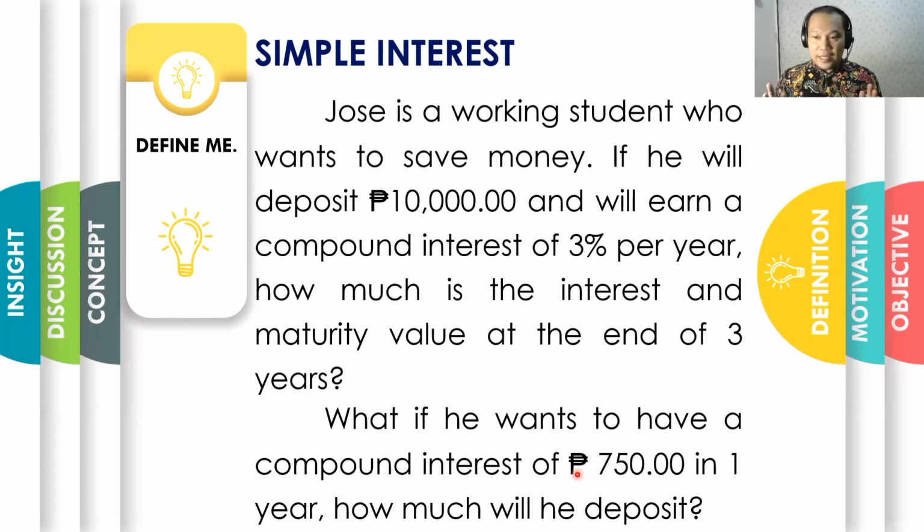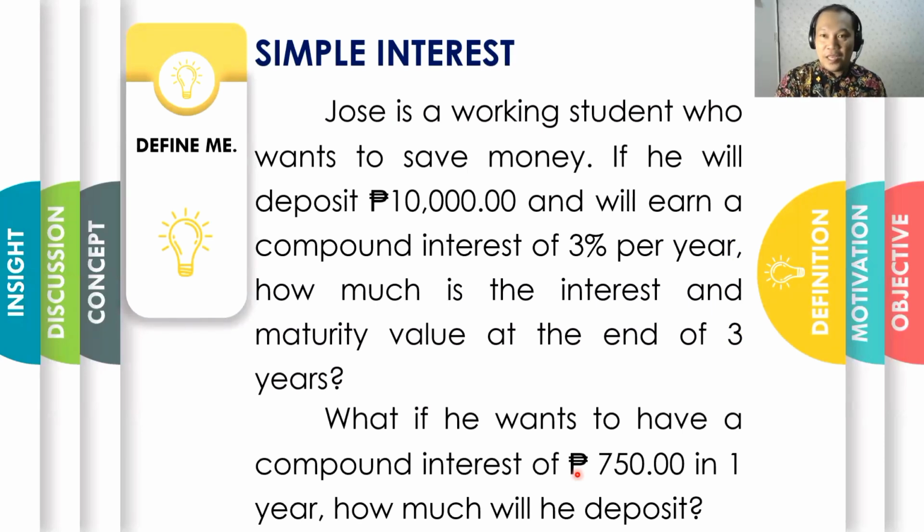In the additional problem, it is assumed that Jose wants to have 750 as interest in 1 year. Therefore, the question is how much will he deposit so that he will have 750 as interest after 1 year?